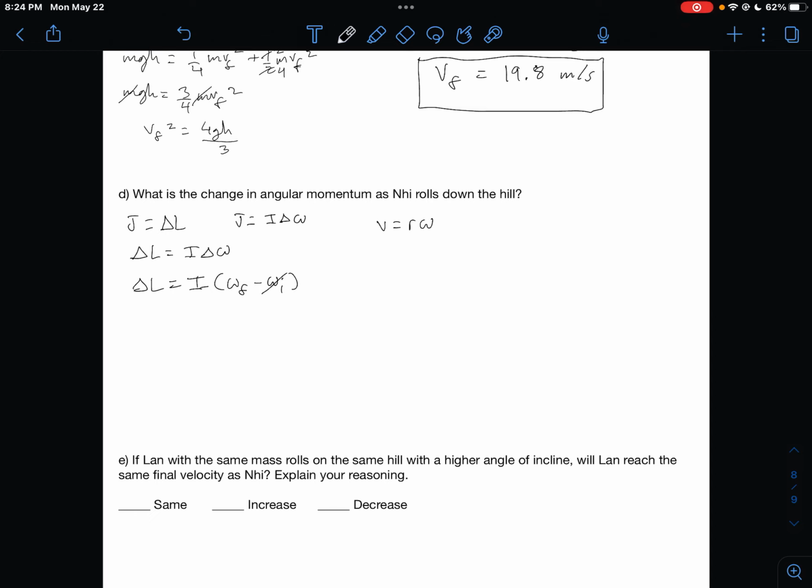So to find the final angular velocity, I just do vf divided by r.